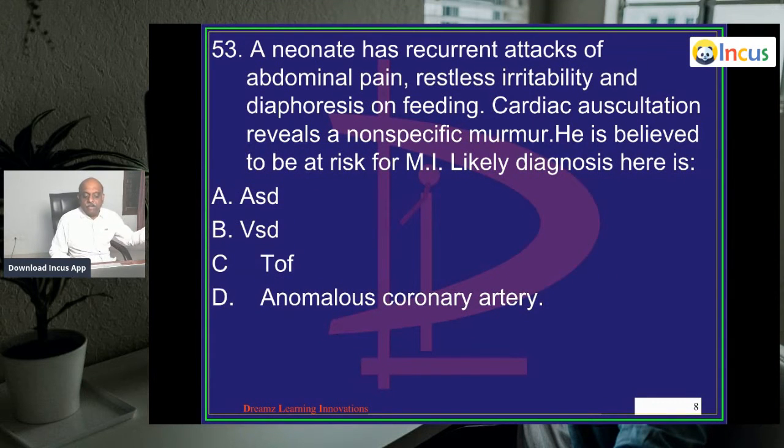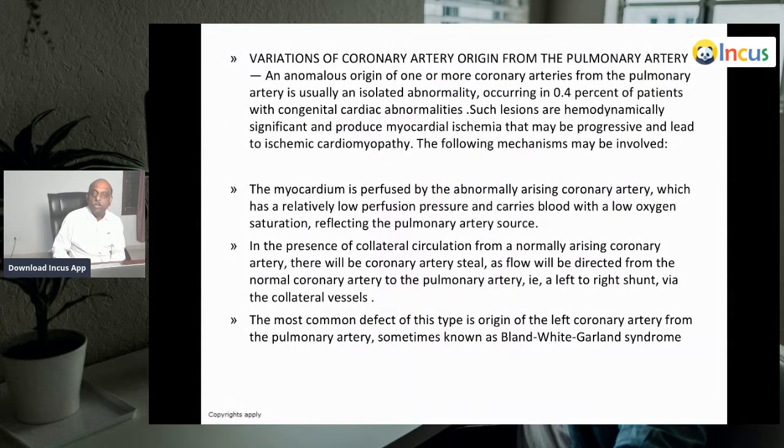A neonate is having recurrent attacks of abdominal pain, irritability, diaphoresis on feeding, non-specific murmur. He is at risk of MI. What is the diagnosis? You should remember anomalous coronary artery. So there can be a lot of variations in the coronary artery.